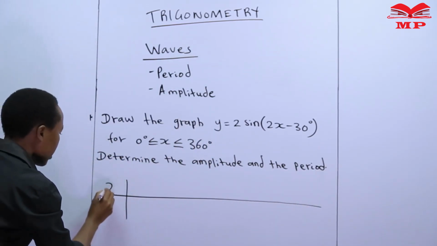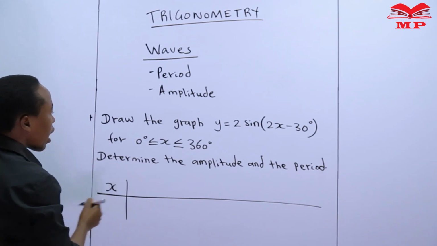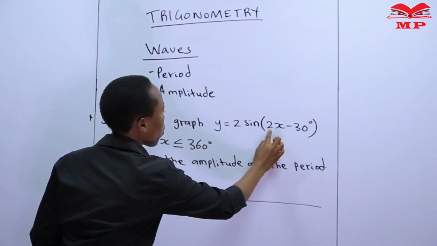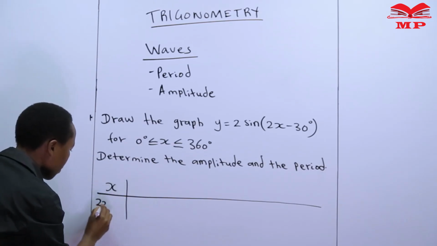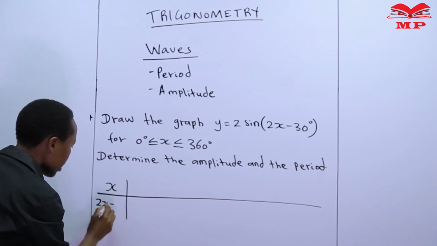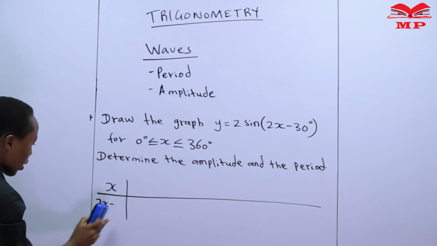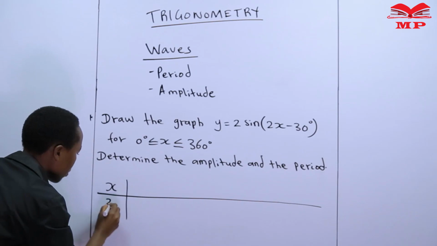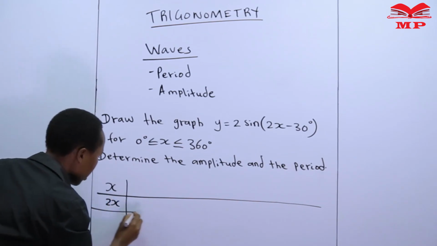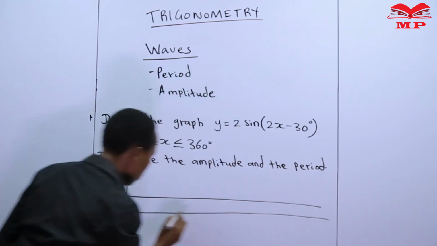We have x here, and then we can go ahead and talk of 2x. We can have 2x, then 2x minus 30, then y. We get the value of 2x.